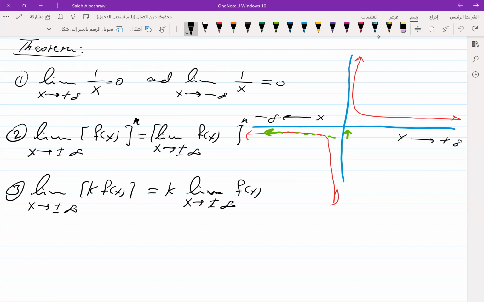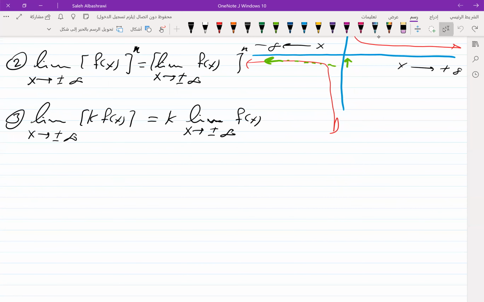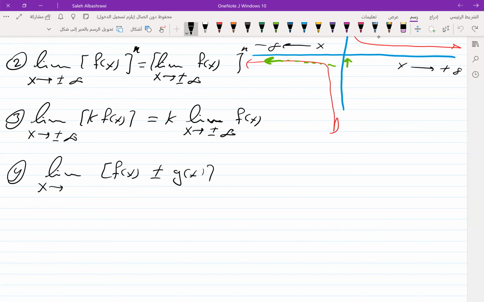Plus or minus infinity. With one more rule, that if I have the limit of f of x plus or minus g of x, this is equal to the limit of f of x plus or minus the limit of g of x.